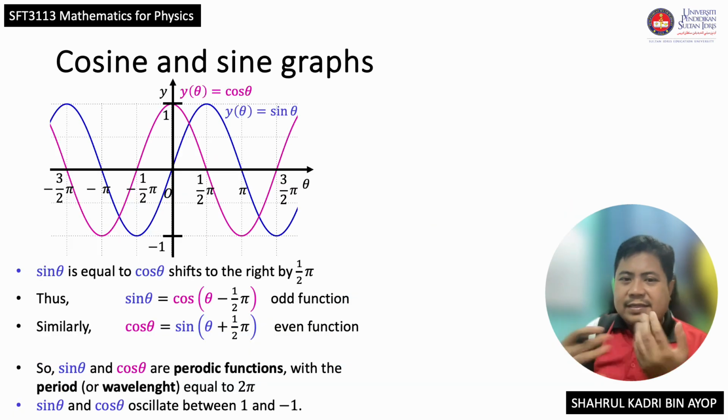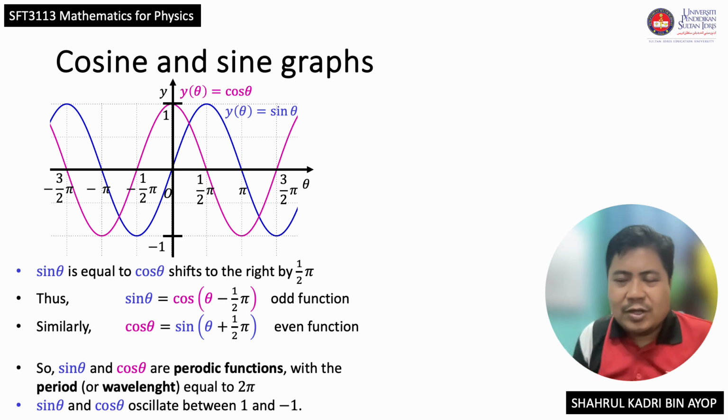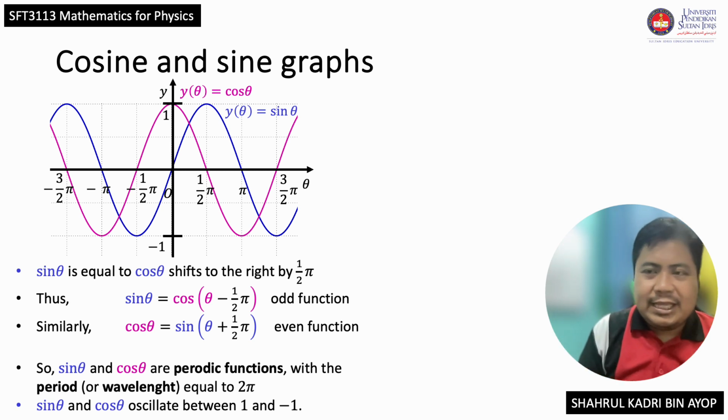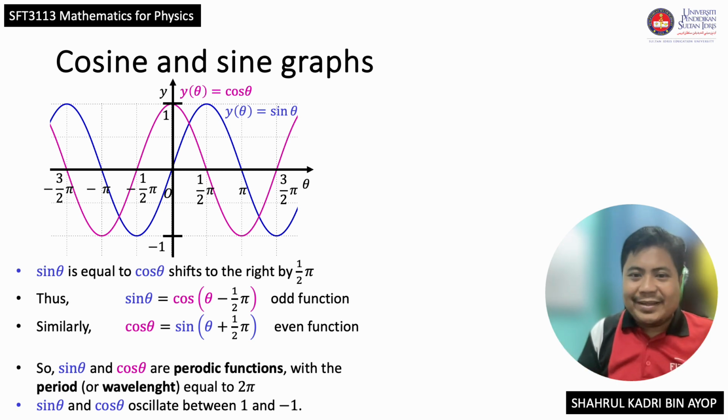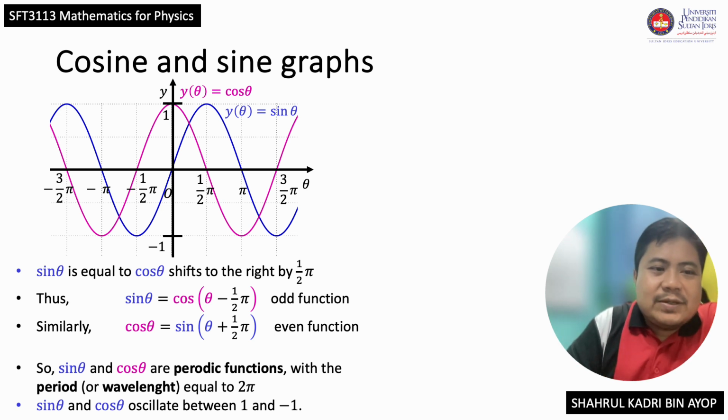Next, these graphs are very common in science because many physical quantities change periodically. The study of physics involves waves, and a wave has this kind of function. It involves cos and sine functions.